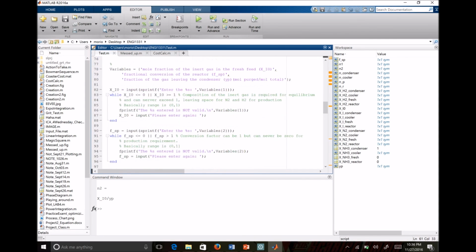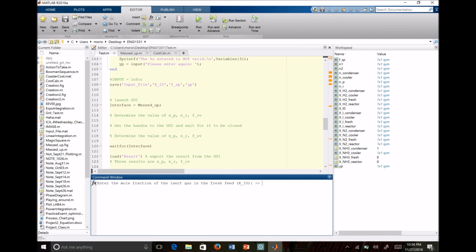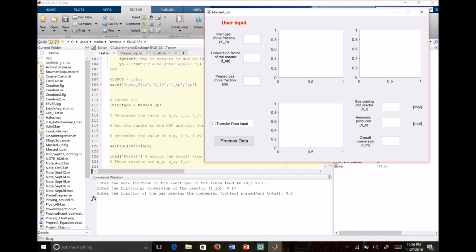This is very good for MATLAB, and I really like the GUI that is built into MATLAB, just in case I change my mind about the way I do things. I don't have to close the window and terminate the program and run it again. I don't want to do that. I just transfer data, input, and then process the data.